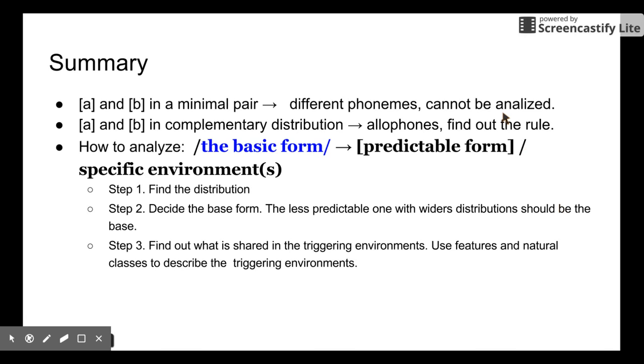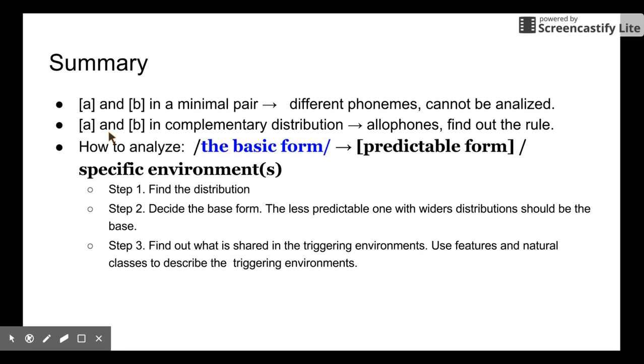Okay, here is the summary of this lecture. When two sounds are in a minimal pair, that means these two sounds are different phonemes, and then we do not need to analyze the alternation. However, when the two sounds are in complementary distribution, that means these two sounds are allophones of the same phoneme.